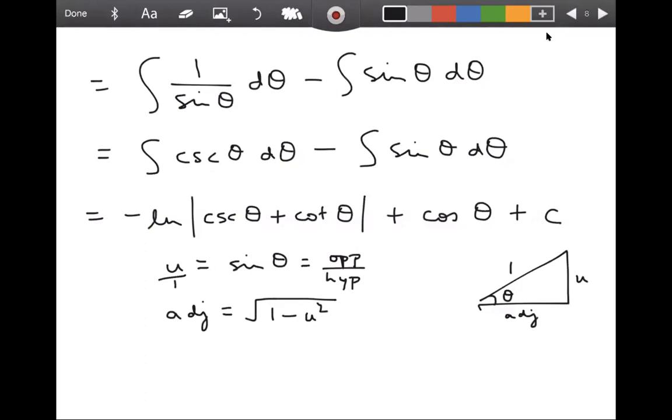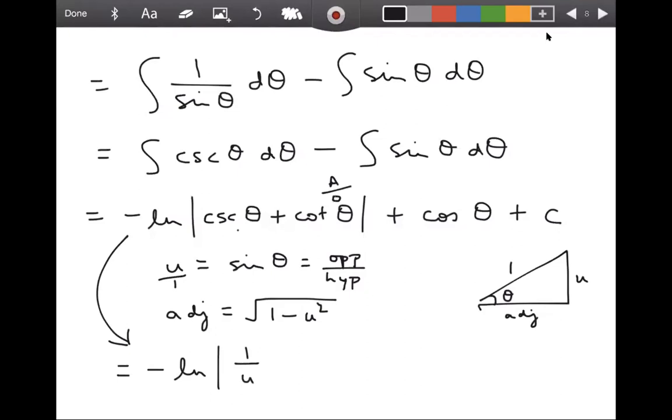So before we start writing everything down, let's put the correct ratios in here. So cosecant is the reciprocal of sine. That's just going to be 1 over u because sine theta is u over 1. All right, cotangent is going to be the adjacent over the opposite.